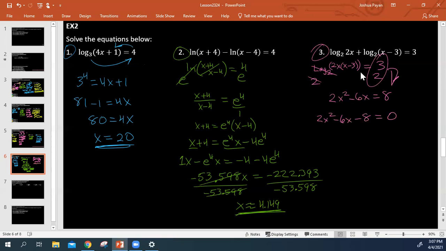Then we can go ahead and, so factoring is not going to work. Because I'm going to have, oh, yeah, it is. So AC grouping is going to tell us that AC equals negative 16. Okay, so I can go ahead and use negative 8, positive 2.